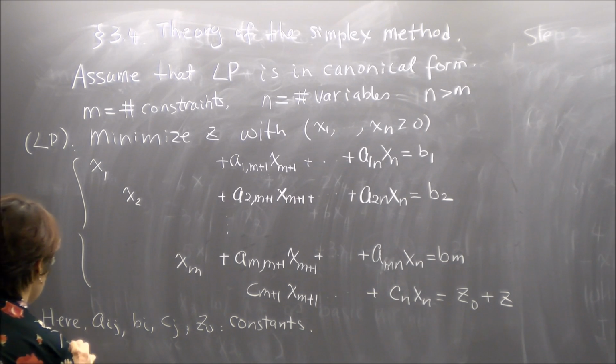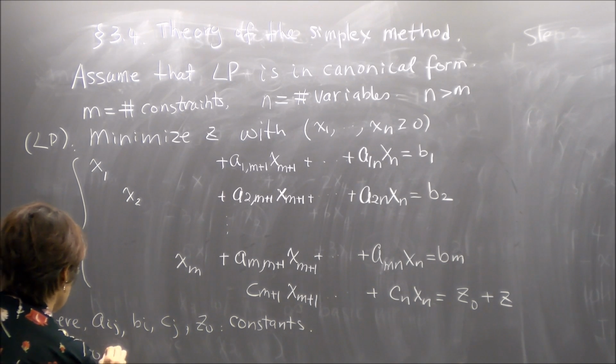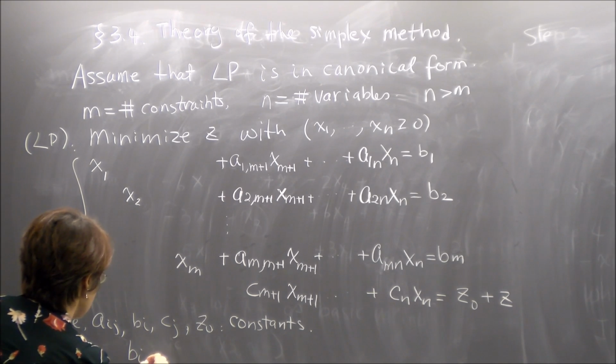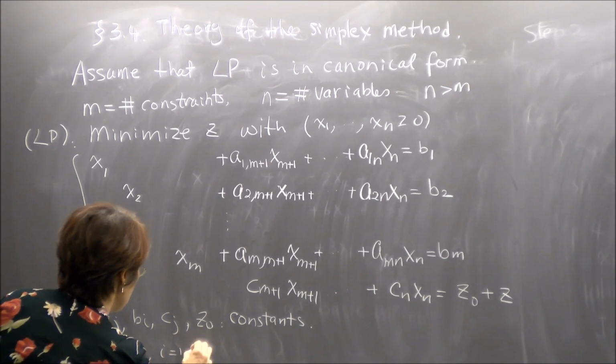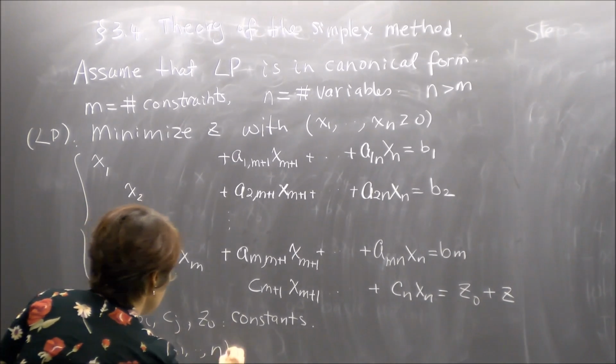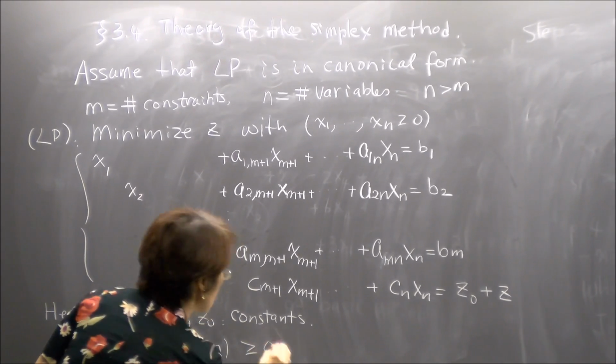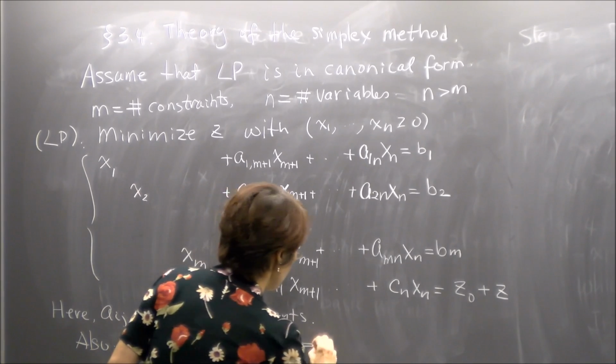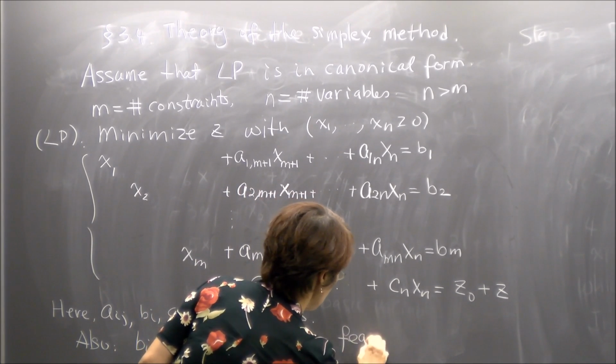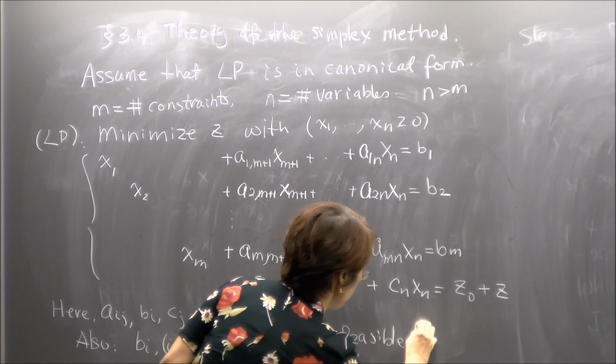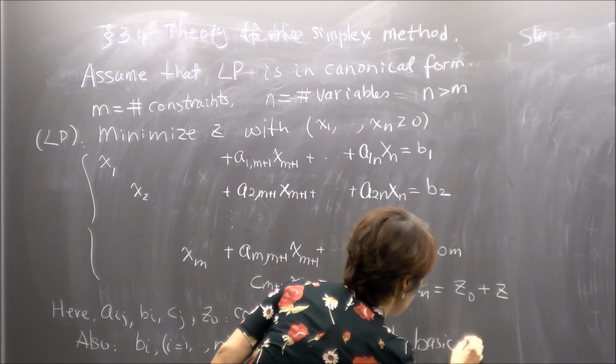So, and then also all the b_i for i from 1 to m, they shall be bigger than or equal to 0. Okay? So this will give you a feasible basic solution.